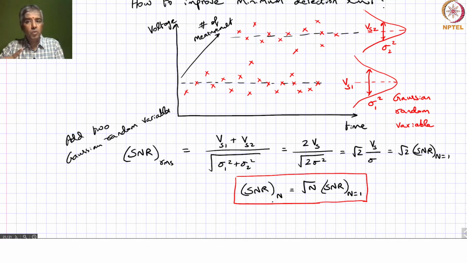But mind you, one thing you are assuming is that the response of whatever perturbation you're trying to measure is consistent over the period of time that you're taking to do all these measurements. It is not changing. Of course, what we have shown here is that it's holding at this value, right?